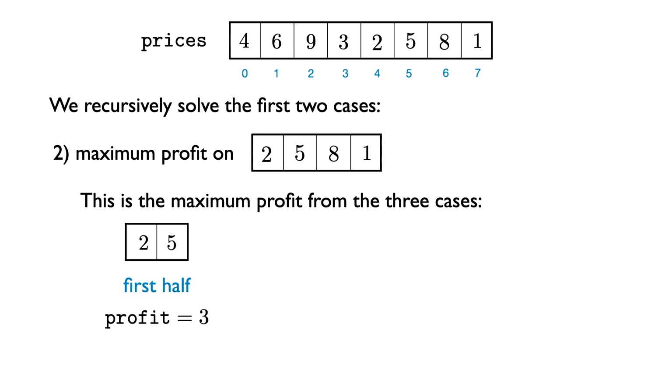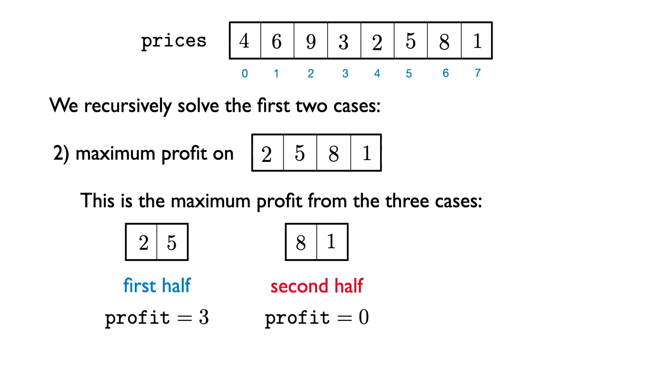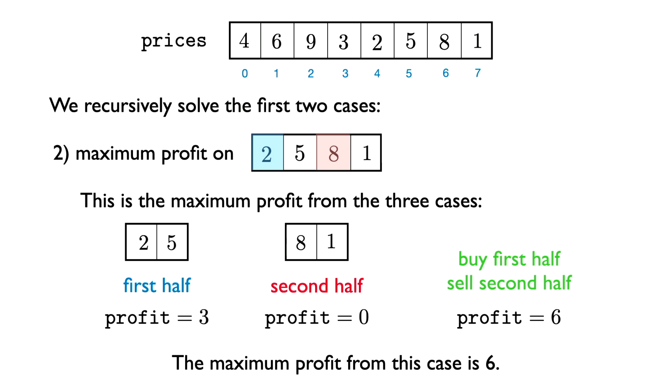So the maximum profit from the first half, which is 3, the maximum profit from the second half, which is 0, and the maximum profit when we buy in the first half and sell in the second half. And in this case, we can achieve profit 6 by buying when the price is 2 and selling when the price is 8. So the maximum of these three cases is 6. It's actually achieved in this third case when we buy in the first half and sell in the second half.